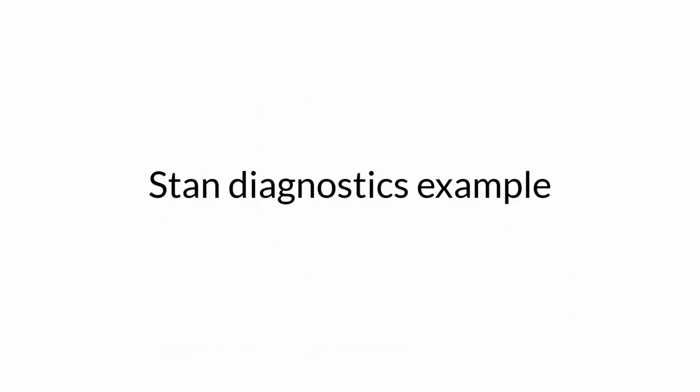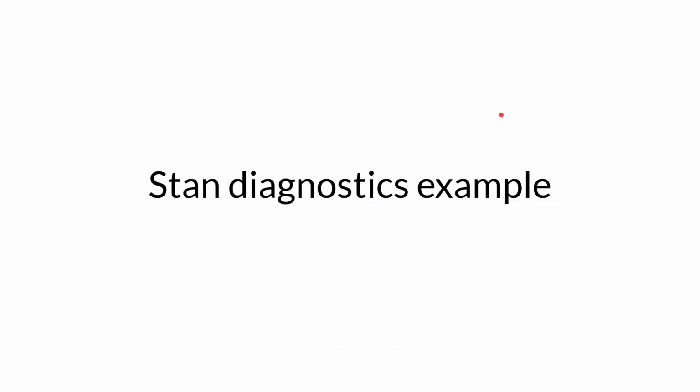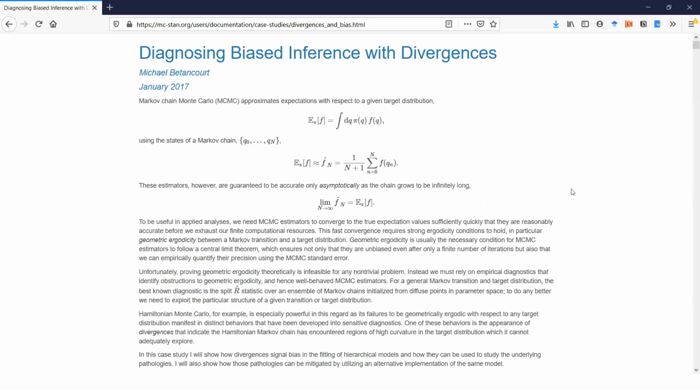And this is not something that is taken out of the blue. This happens in practice a lot, having to decide between centered and non-centered, to the point that you have tutorials such as this one, which is a tutorial on diagnosing inference by Michael Betancourt.